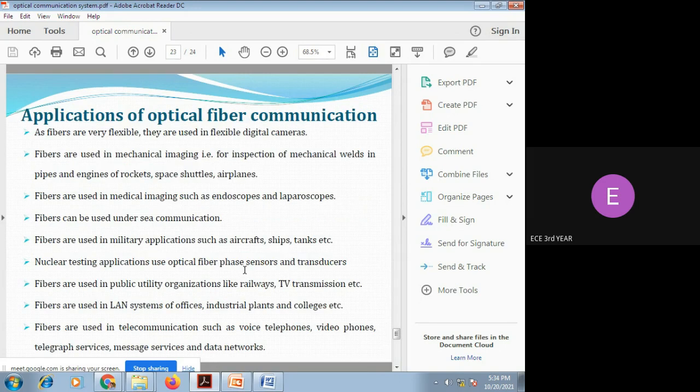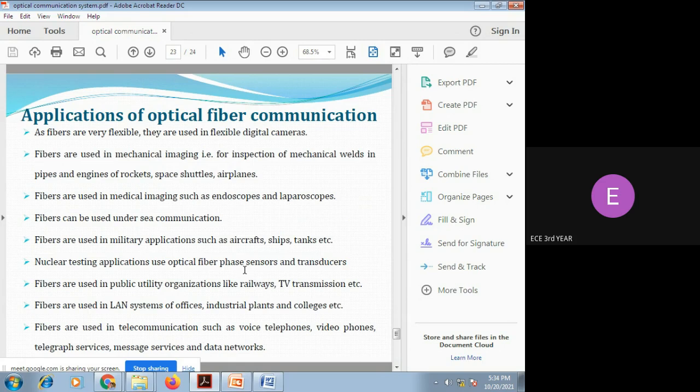Next, the applications of the optical communication system. Some optical fibers are very flexible and are used in flexible digital cameras. Fibers are used in mechanical imaging, that is, inspection of mechanical welds in pipes, engines, rockets, space shuttles, and aeroplanes.